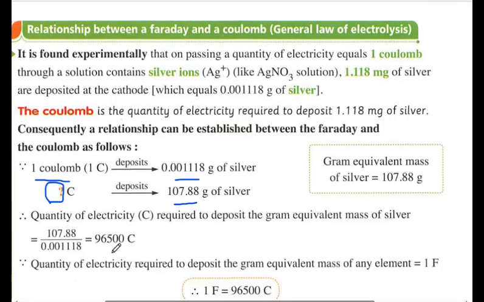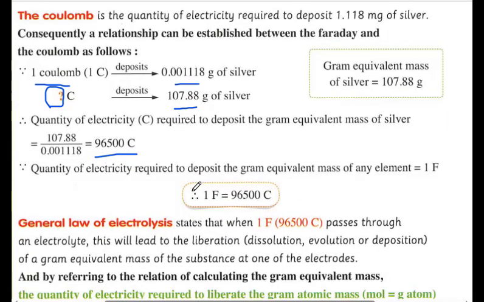The quantity of electricity which will deposit 107.88 grams of silver equals 96,500 Coulomb. So 1 Faraday will deposit 107.88, the equivalent mass of silver, and 96,500 Coulomb will precipitate the same amount.